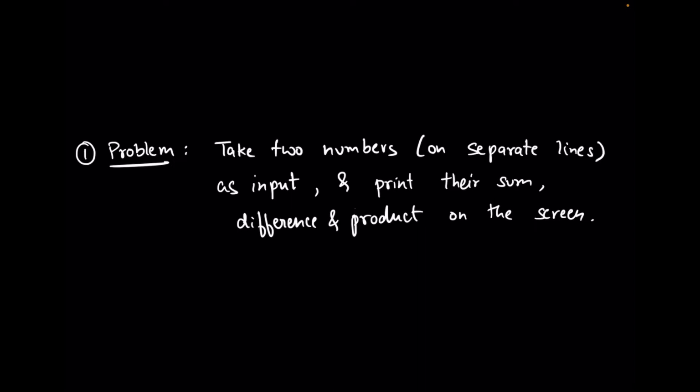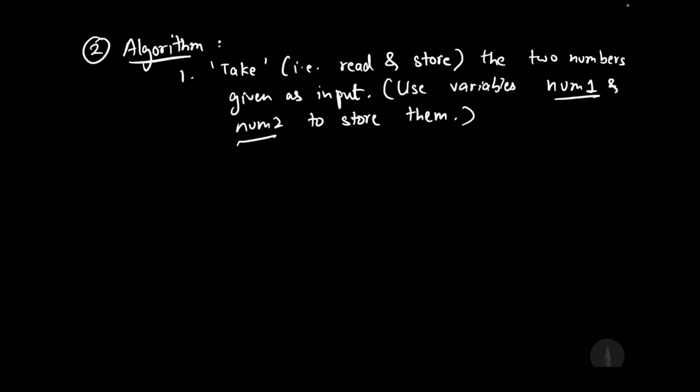Now let's think about how we can build an algorithm for this. So what are the list of instructions we'll have to perform so that we can solve this problem? So the first thing we have to do is take input. That means that we have to read the two numbers and also store the two numbers in our program using some variables, right?